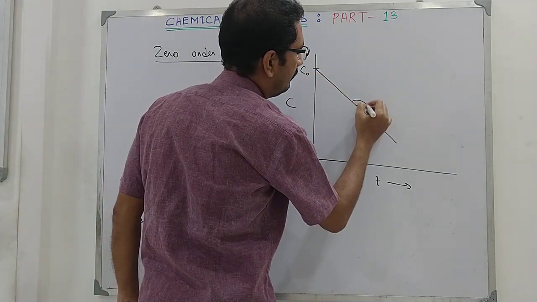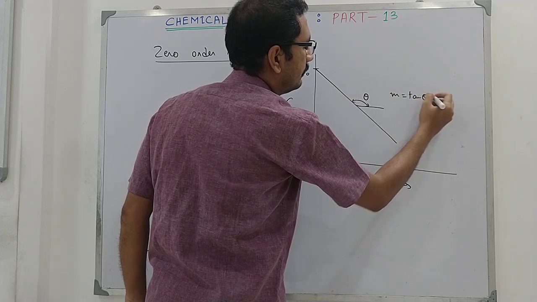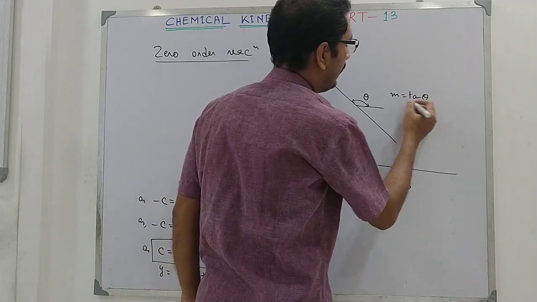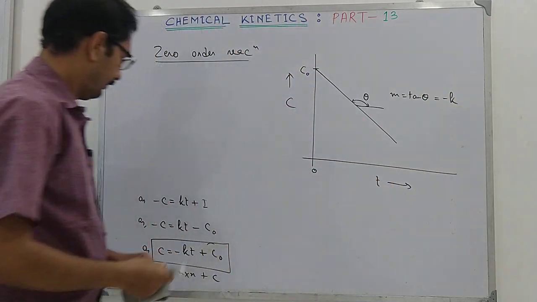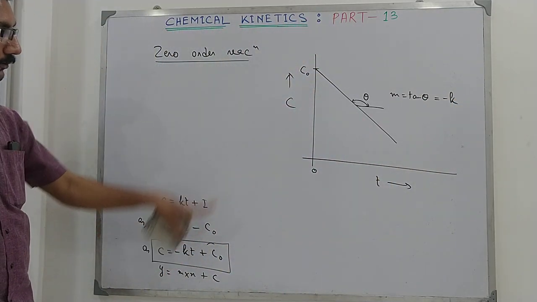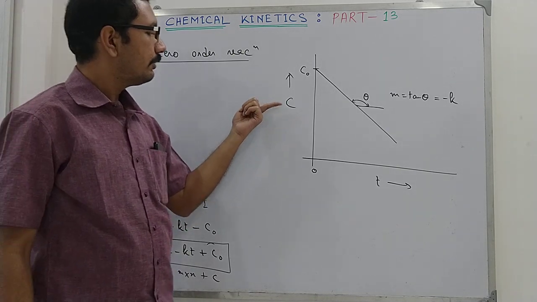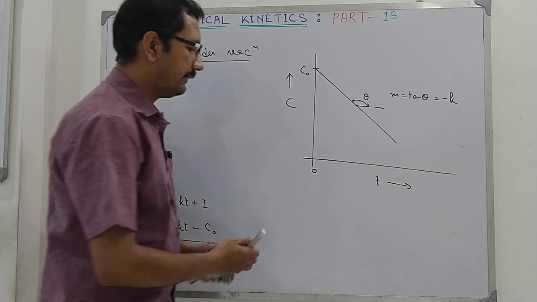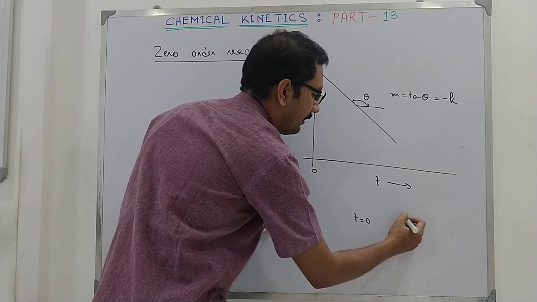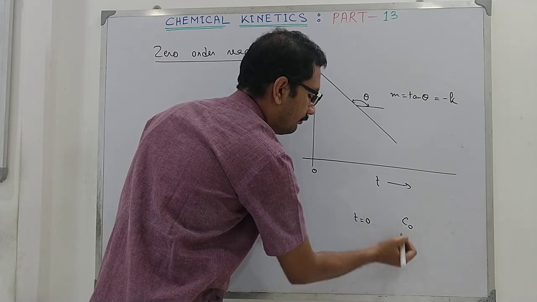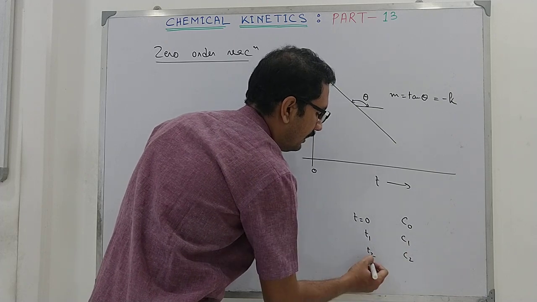Now if we measure the angle theta, then the tangent of this angle will give us the slope, and comparing this with this equation we will have that the slope is minus k. So if you have data of concentration at different times, say for t equal to 0 you have C0, for t1 you have C1, for t2 you have C2, and so on.